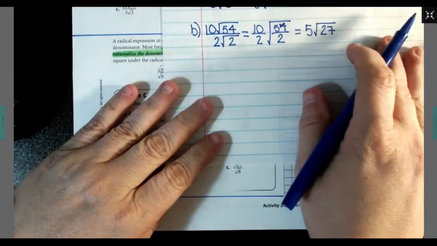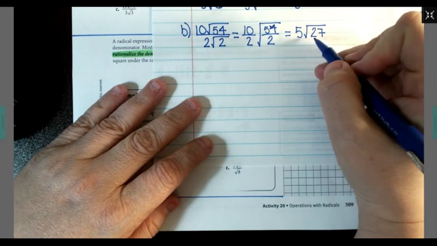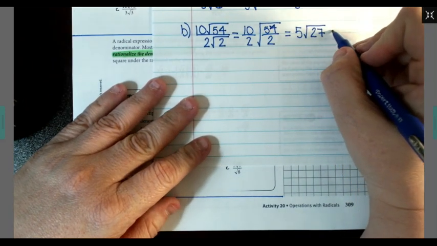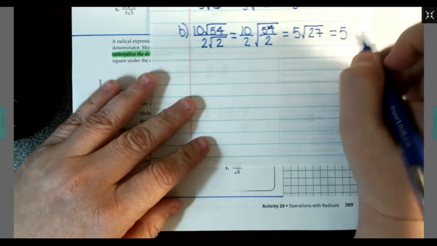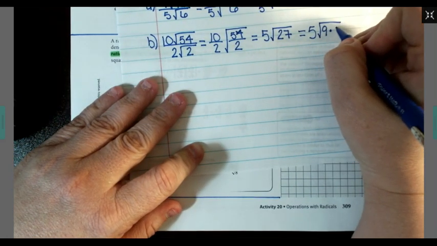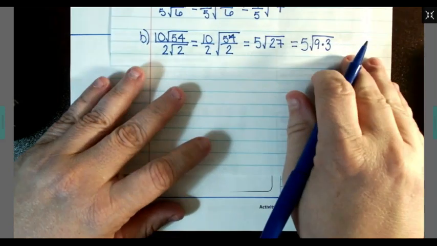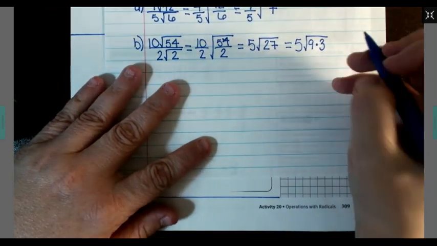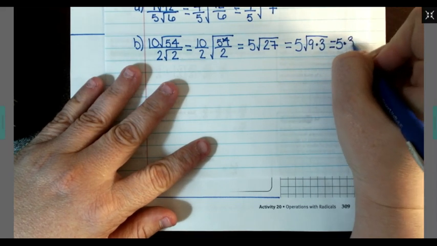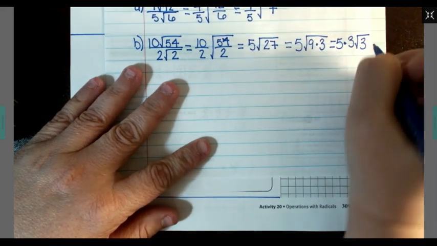So we're going to do 5 square root of 27, but 27 can be broken down into a perfect square. That would be 5 square root of 9 times 3. And what is the square root of 9? 3. So I'm going to do 5 times 3 square root of 3.